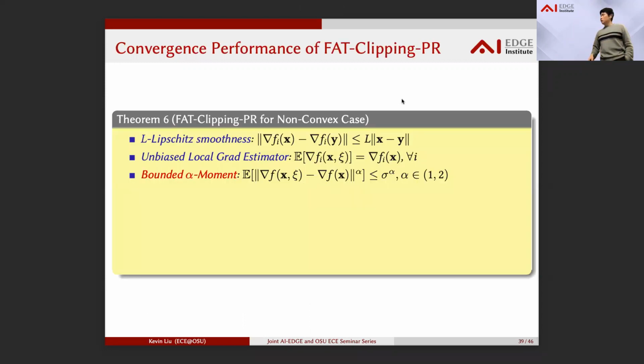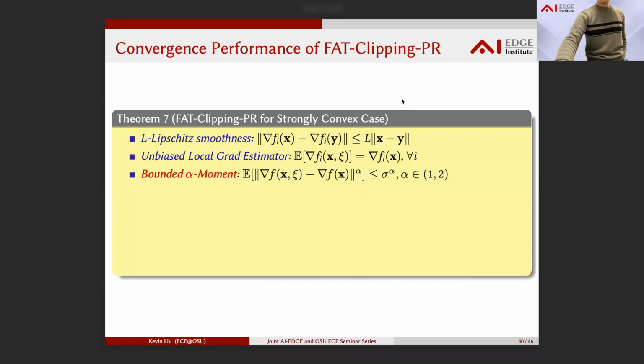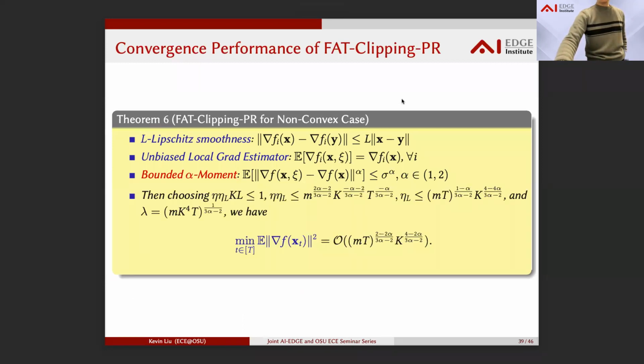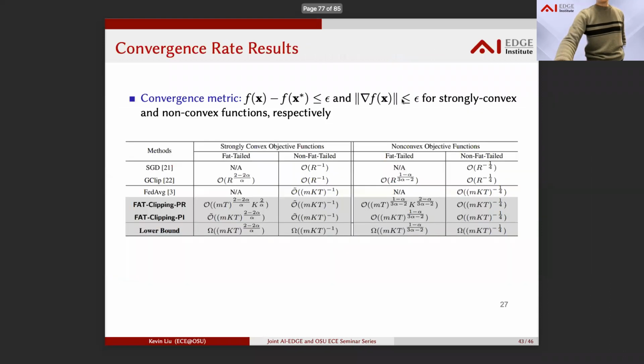I don't have much time, so I'll just quickly skim through these. For the PR and PI versions, we proved convergence rate guarantees under non-convex and strongly convex cases.